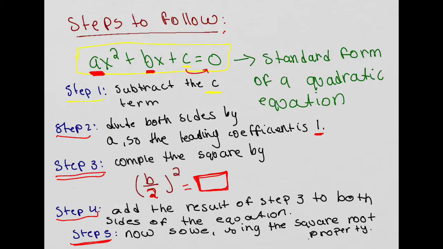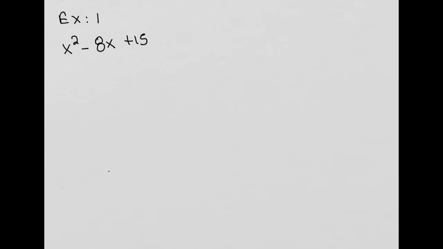Now, these are all the steps in words. Let's go ahead and do an example so we can see how this actually works out. So, example 1, x squared minus 8x plus 15. The first thing I'm going to do, I'm going to rewrite it and add the equals 0. Now this is the standard form of a quadratic.